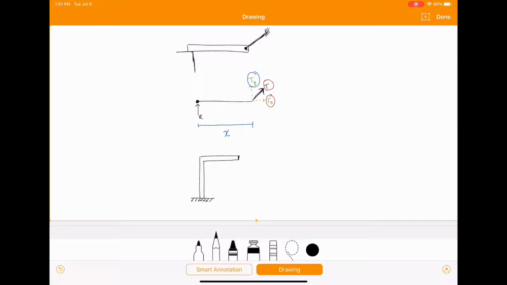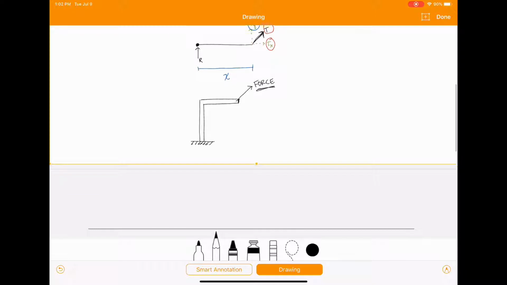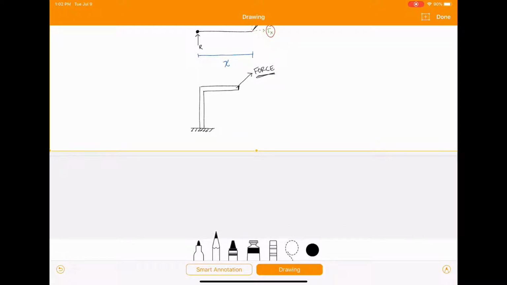And there's some force going in that direction. Might be a combination of some wind uplift force and some wind lateral force. It doesn't really matter, but there's a force acting in that direction. And we want to know the moment taken about this point right here. We'll just call that point A.